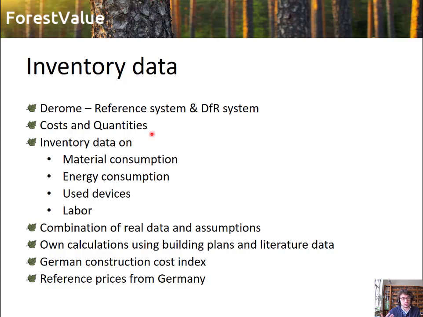So the number of materials, like the number of cubic meters of sawn timber that is used for 1 wall element, for example. So in general, we need the inventory data on the material consumption, the energy consumption, different devices used, tools, machines, and so on, as well as labor.